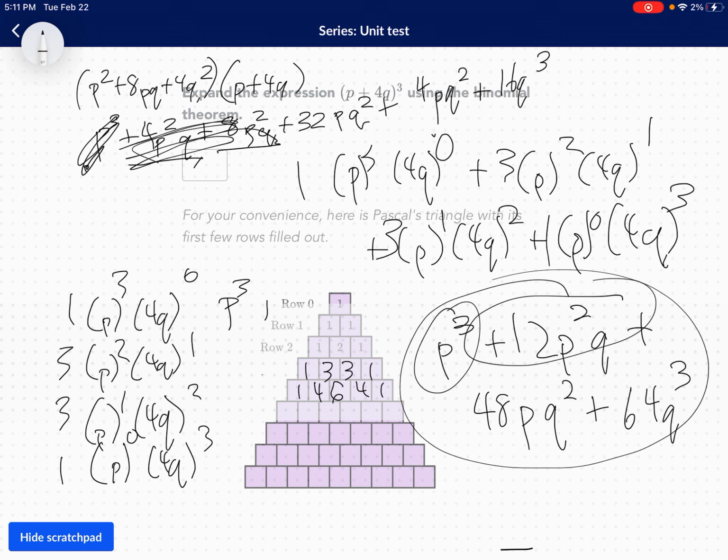So P to the third plus 3P squared times 4, 12P squared Q, plus 3 times 16, 48PQ squared, plus 64Q to the third.